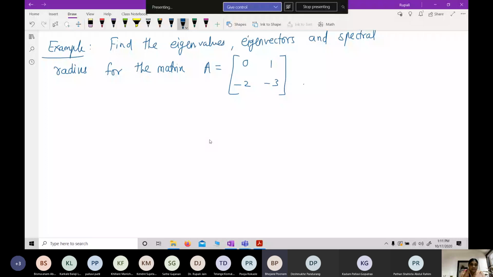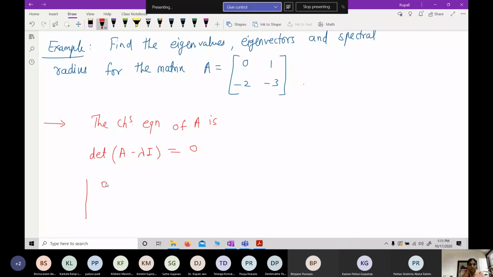The determinant of A minus lambda I. So what is the characteristic equation? The determinant of A minus lambda I is equal to 0. So what is the determinant of A minus lambda I here?